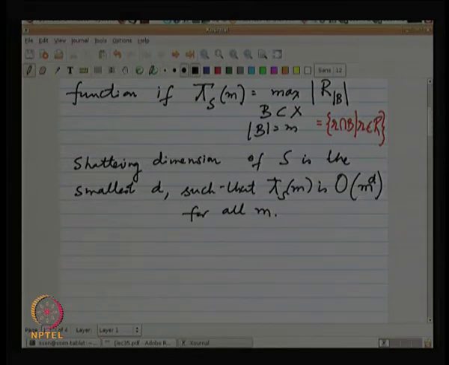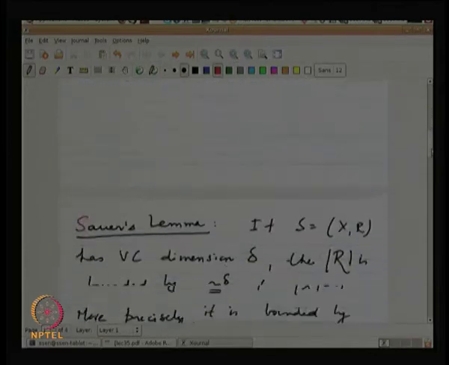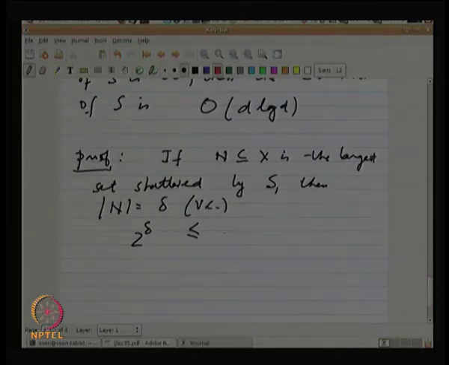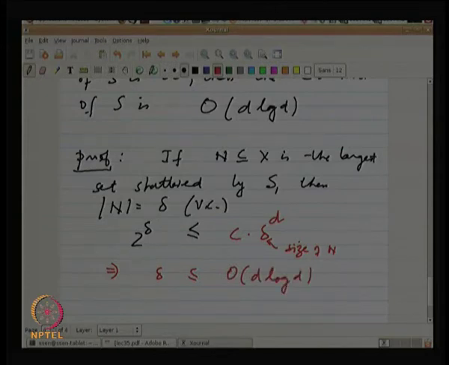Let us say, to be more precise, it is some constant times n to the power d, where n is the size of the set. So, 2 to the power delta should be less than some constant times n to the power d. This implies essentially that delta is less than or equal to some d log d. You just transpose this and you get that.